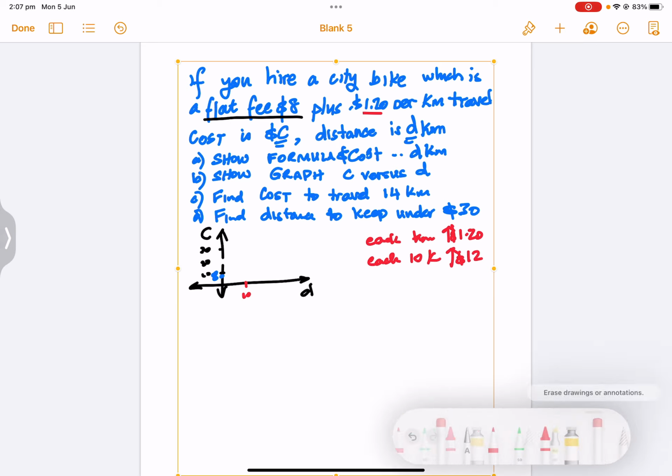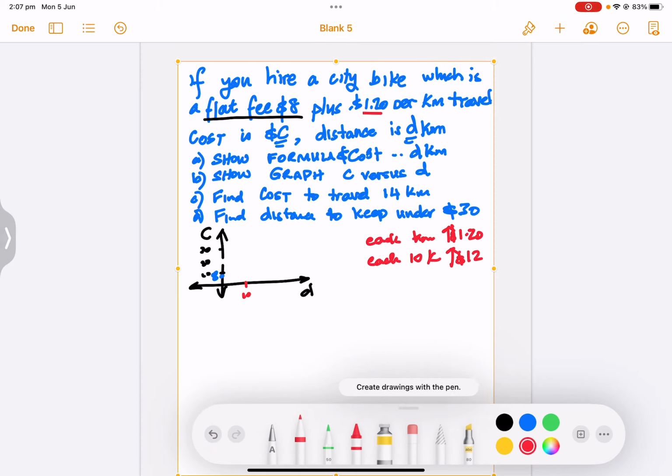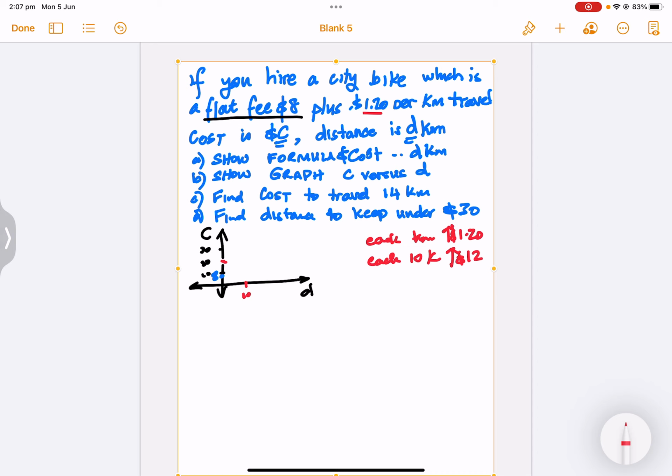It starts at 8, goes to 20, and if you draw a straight line, it's going to look like that.